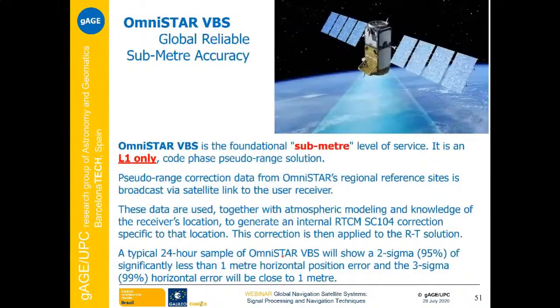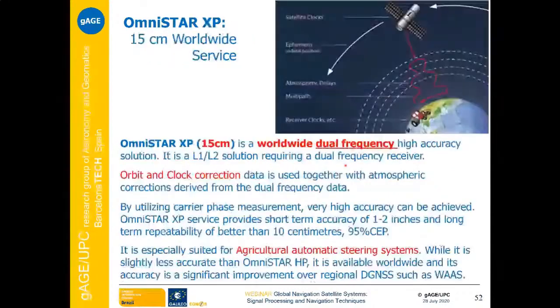This provides sub-meter level of accuracy using a single frequency. This corresponds to the code-based differential positioning that has been presented by my colleague Adrià. Using a smoothed code, we can achieve sub-meter level accuracies.